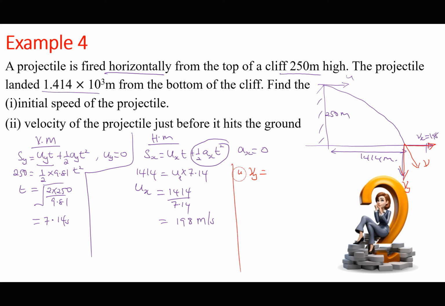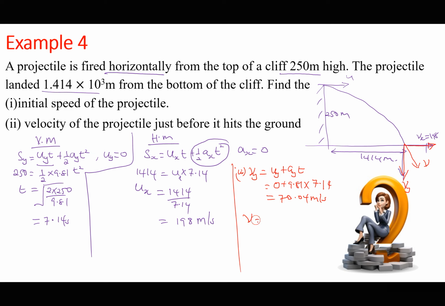So velocity in the vertical is the one I want to find. Now this is Roman 2. From v equals initial velocity in the vertical plus acceleration in the vertical times t, which is 0 plus 9.81 times t, which is 7.14. So 9.81 times 7.14 is going to be 70.04 meters per second.